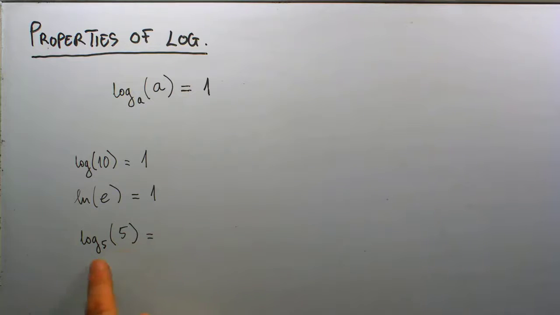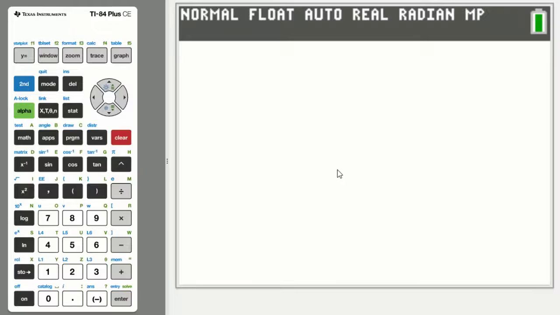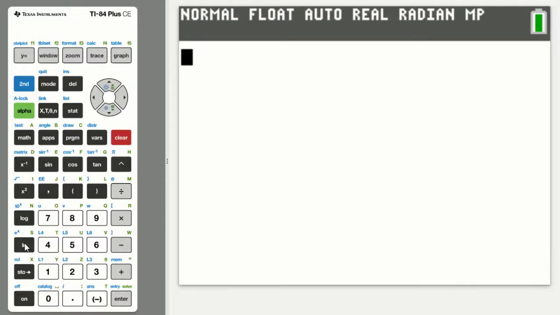To get the answer on the calculator, we'll go, as a choice, natural log. Anyone else can try log base 10. I'm more comfortable with natural log, that's all. So natural log of 5, and I'm dividing that by natural log of 5.